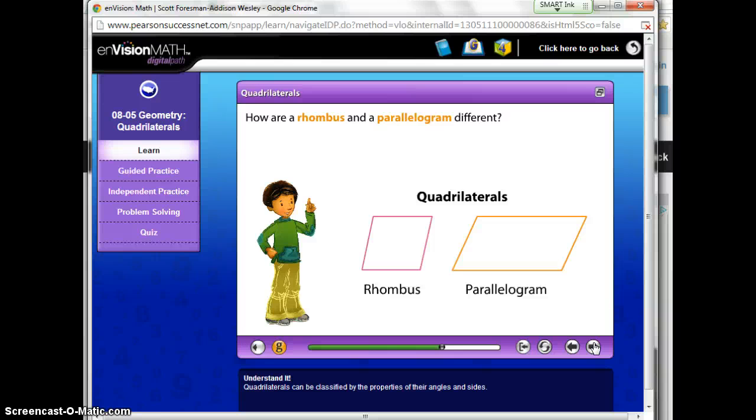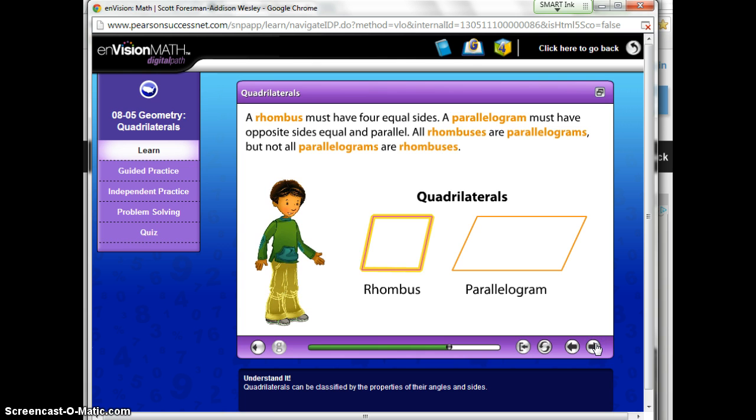Would that make a difference? If I could grab it right here and drag it and tilt it even more, would that really change it? How are these 2 shapes different, Caden? The rhombus has all 4 sides equal. In this one, only the opposite sides are equal. Okay.